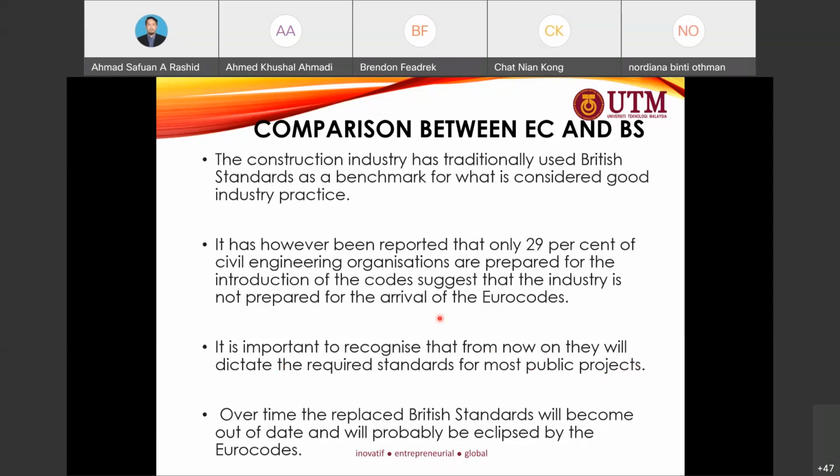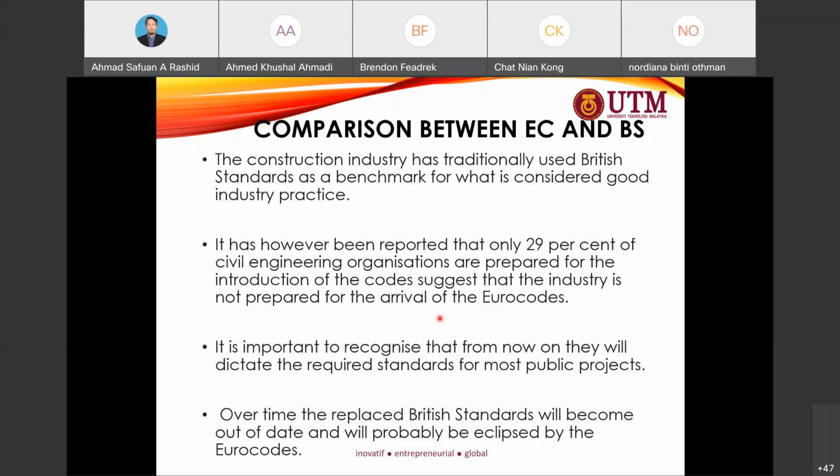Over time the replaced British standard will become out of date and will probably be eclipsed by the Eurocodes. So as a designer, after you graduate, you may be involved in designing either structures or geotechnics, so you need to prepare or have some idea on the use of these Eurocodes.